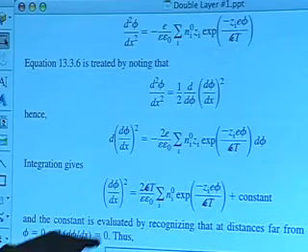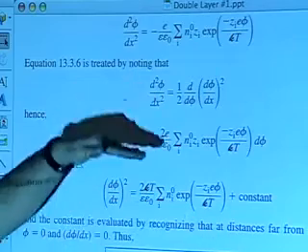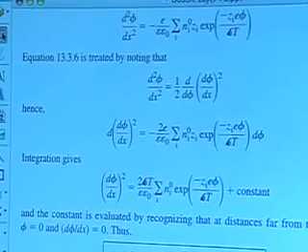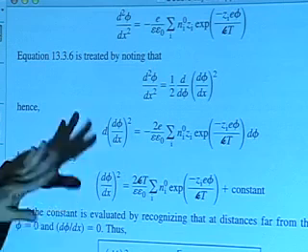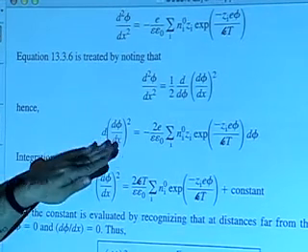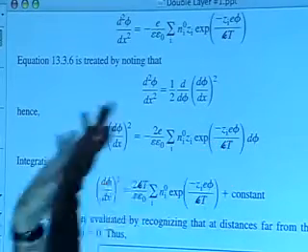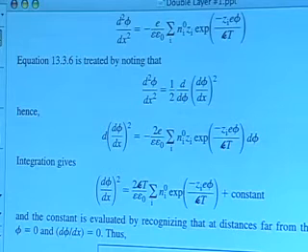Because if I took the derivative of this and the derivative of this, the constant would go away and I would get back that. So this is a classic trick of how you solve a differential equation like this when the differential on one side is related to a differential of something else on the other side. You just integrate both sides at the same time. So you can do that.